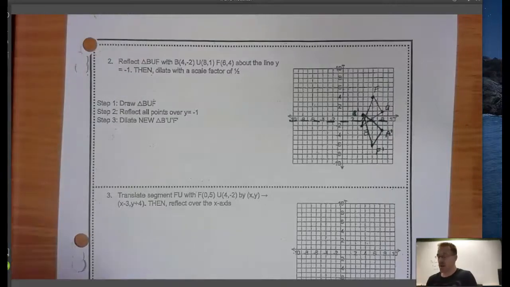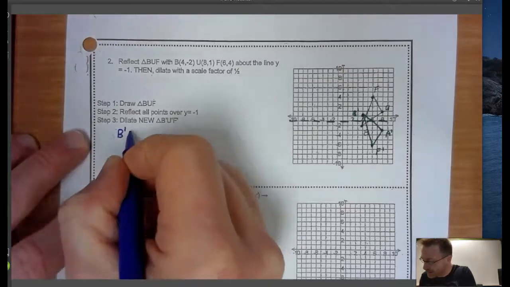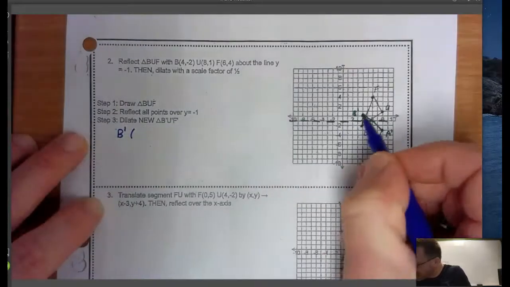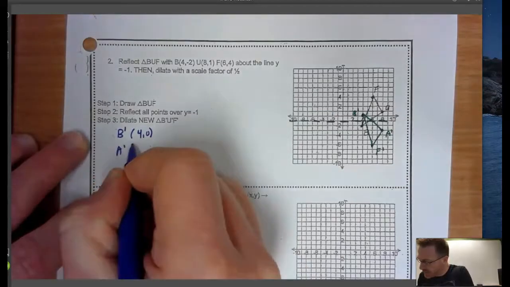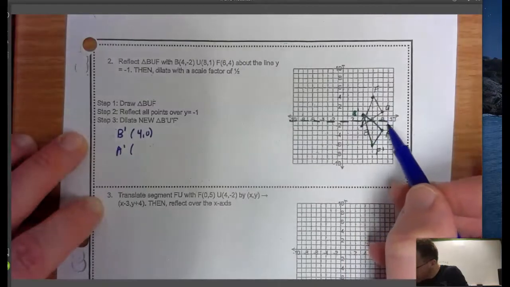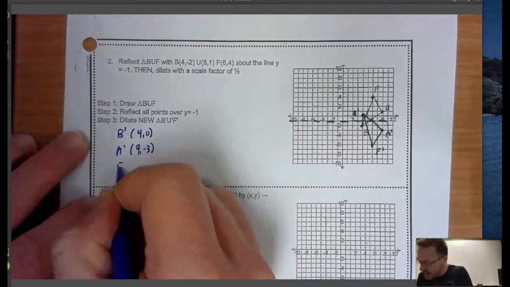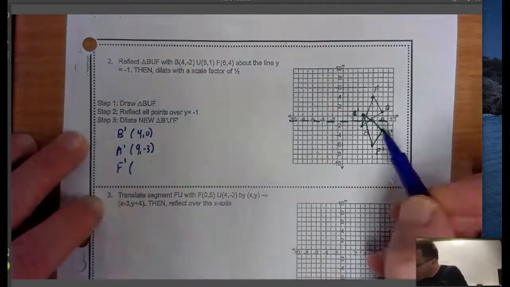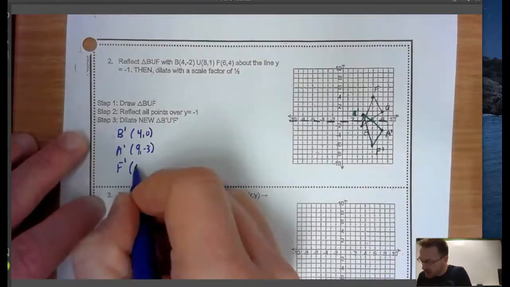Dilate. So now, once again, I'm going to write down my coordinates here. B prime we can see is 4, 0. A prime looks like we are at 9, negative 3. And then F prime, we were at 6, negative 6.